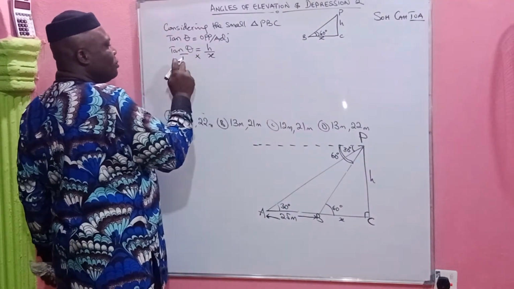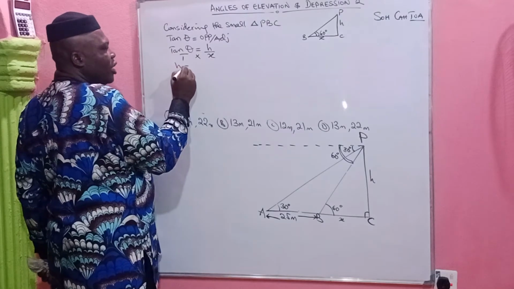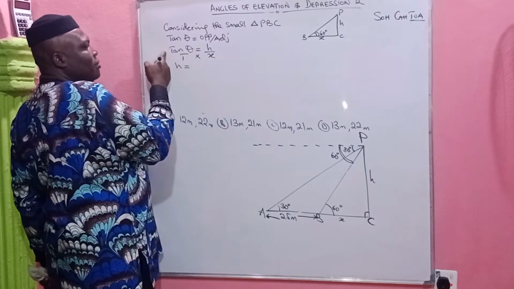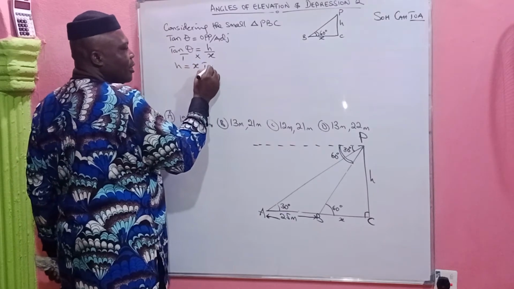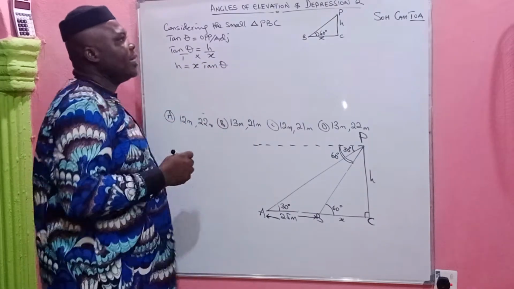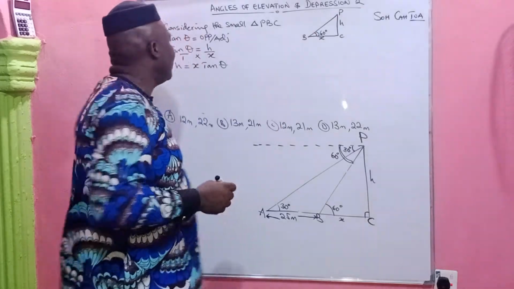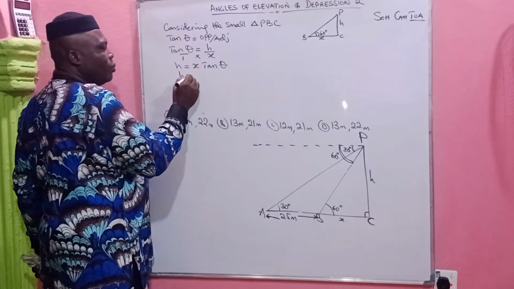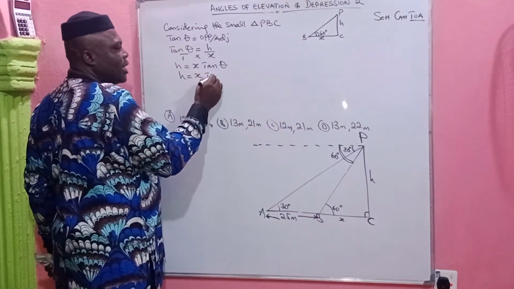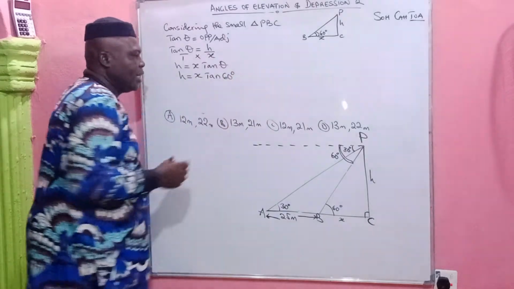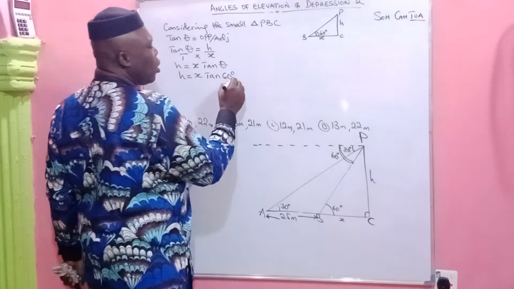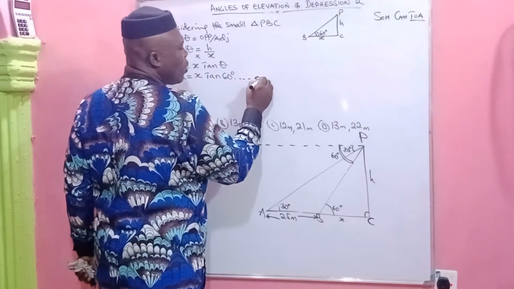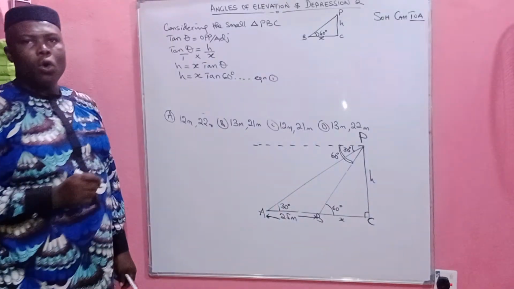So H times 1 will give us H is equal to X times tan theta. But already the theta was given as 60 degrees. So it means our H will be equal to X tan 60 degrees. So we are through with that small triangle. So we are going to call this equation 1. We are done with that.